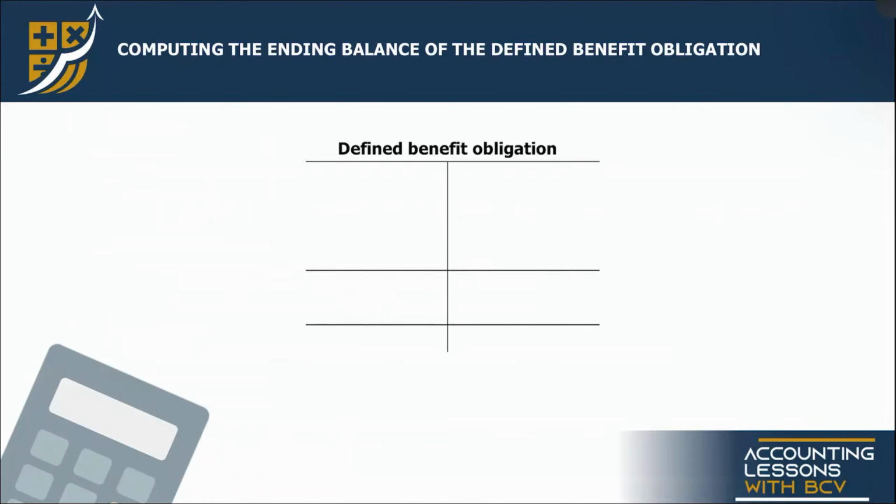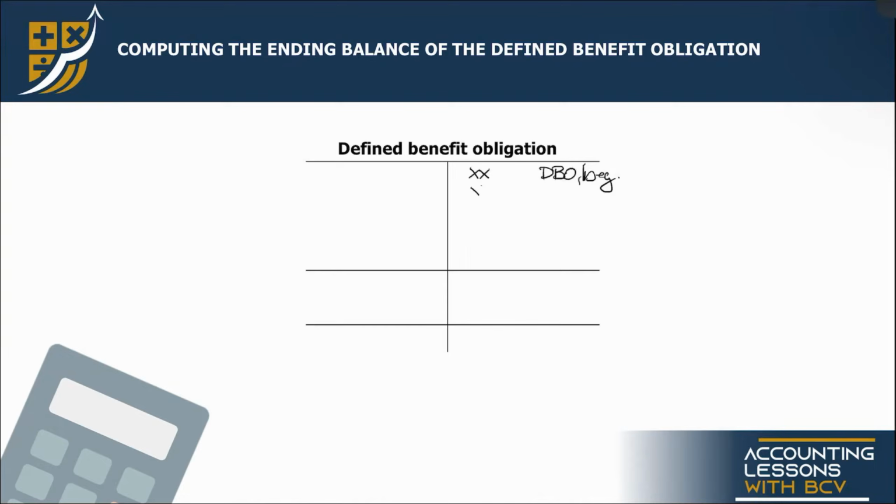How do we compute the ending balance of defined benefit obligation? Okay? So, through the use of T account, ito yung mga magiging components niya. Okay, let's start. So the first component of defined benefit obligation, that will be your DBO beginning balance.